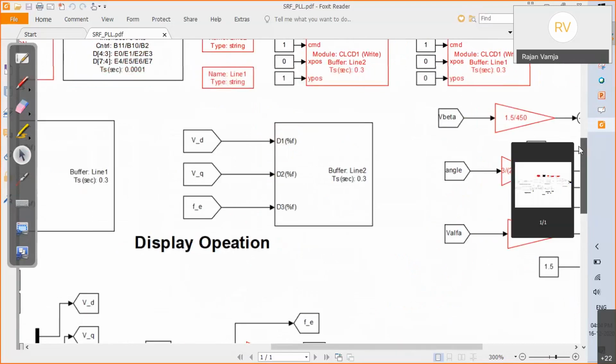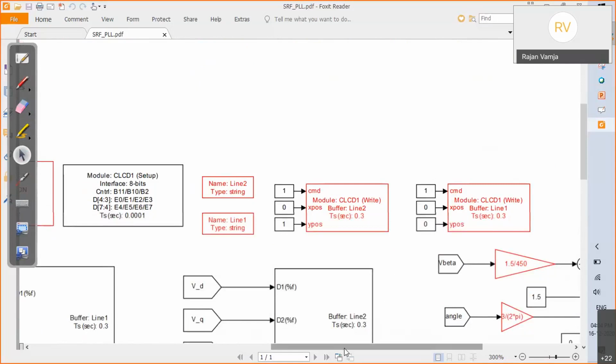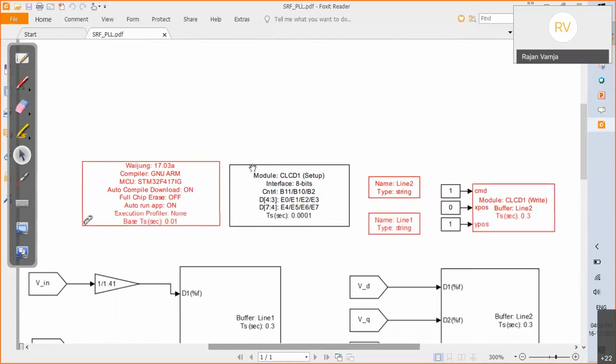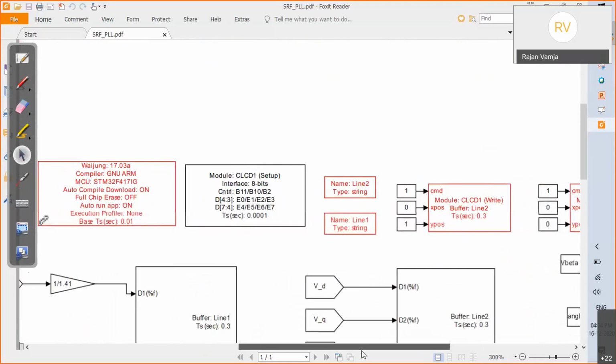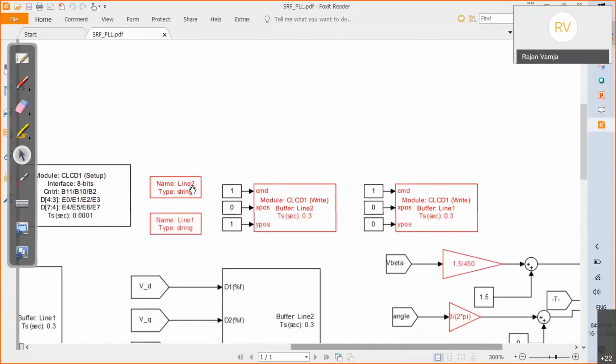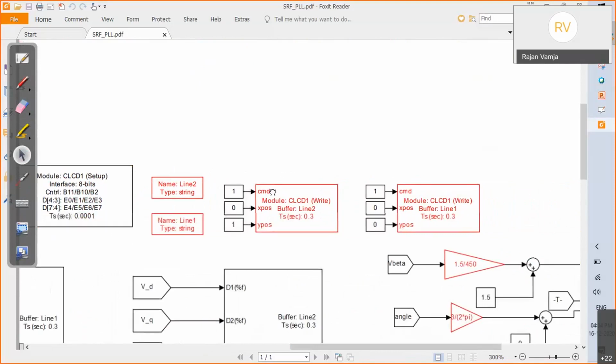Now it's all about the LCD again. So we will configure the LCD, taking two times, first and second, like that to configure.